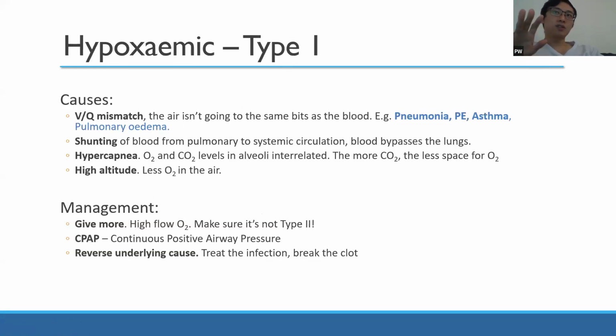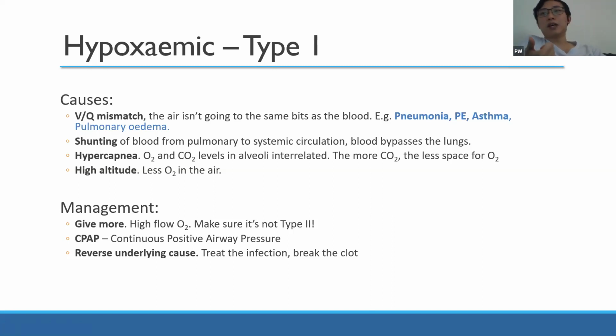So hypoxaemic respiratory failure can be caused by a variety of things. One is ventilation and perfusion mismatch. The air isn't going to the same bits as the blood, and this can be caused by pneumonia, where you're getting lots of infective, goopy sputum, which isn't allowing air to penetrate the alveoli and get to the blood.